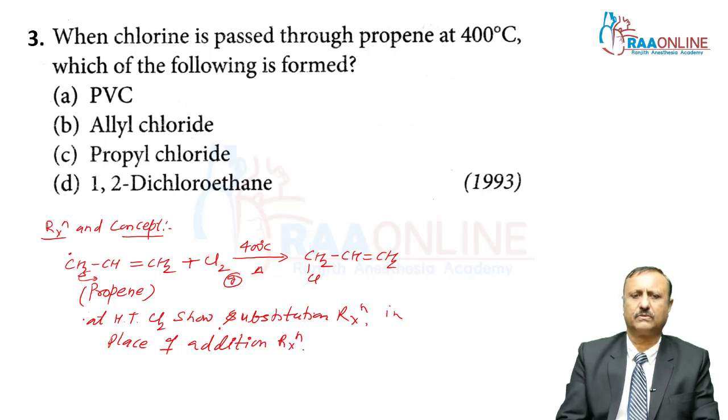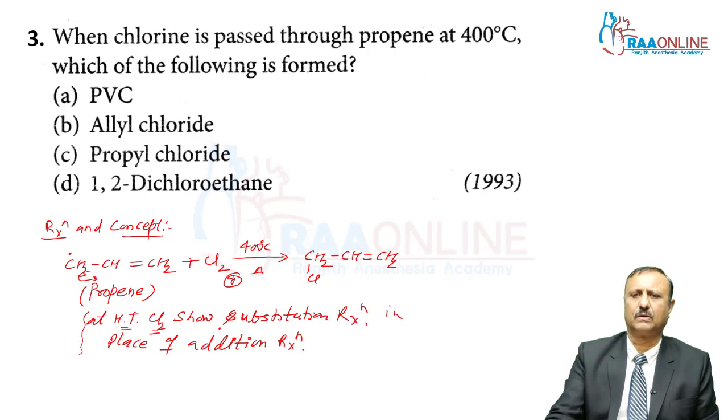Here, my dear students, you can see that at high temperature, chlorine shows substitution reactions in place of addition reactions. This hydrogen is replaced at 400 degrees Celsius and you get CH2Cl-CH=CH2.